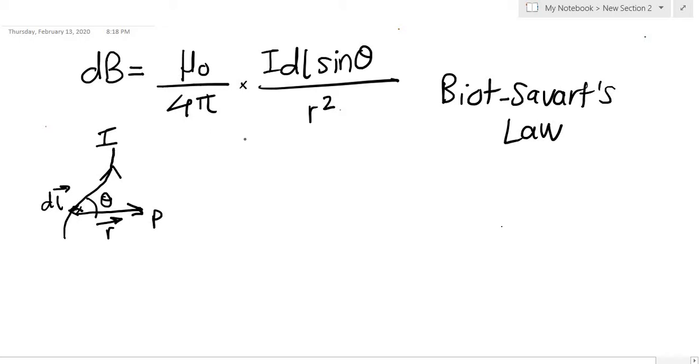Okay, and now we want to actually use this law to an extent.